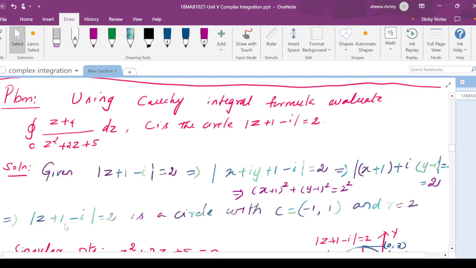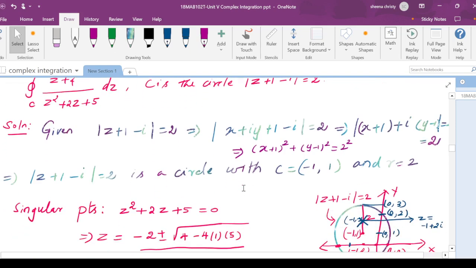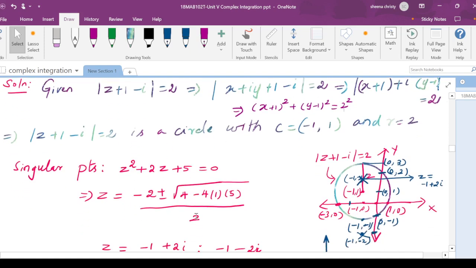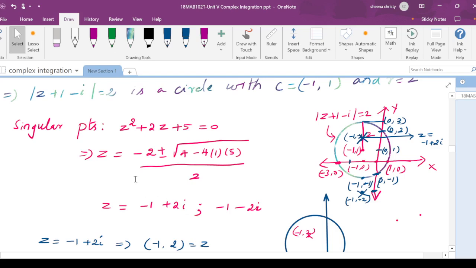So in this circle, we have to analyze which singular points lie inside this contour C. For finding the singular points, we equate the denominator of this function to 0. That gives you, by using the quadratic formula, z = -1 + 2i and z = -1 - 2i.